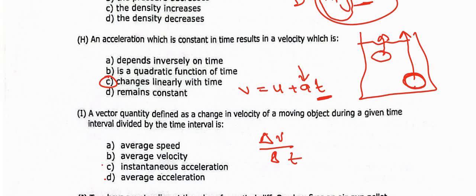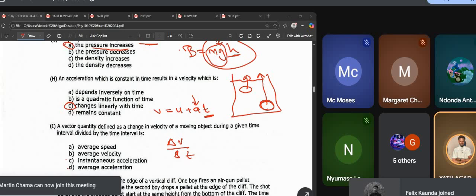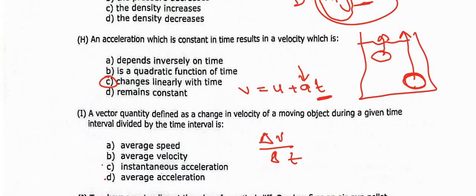Why are we disqualifying the possibility of it being an instant acceleration? Because what you're saying, I was unable to get what you're saying at the end. Nyumezi, what do you think?